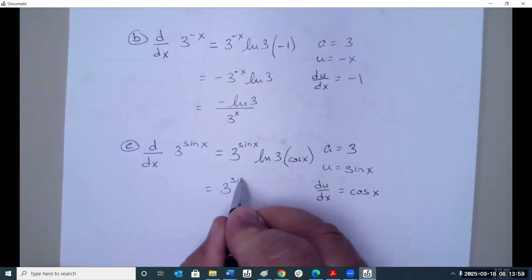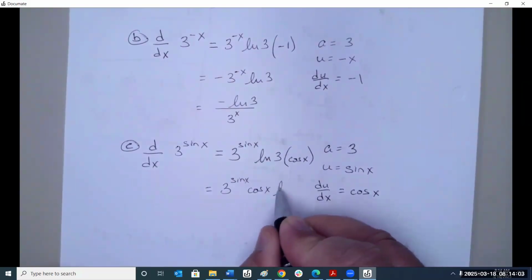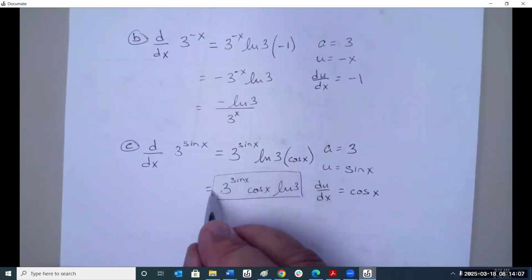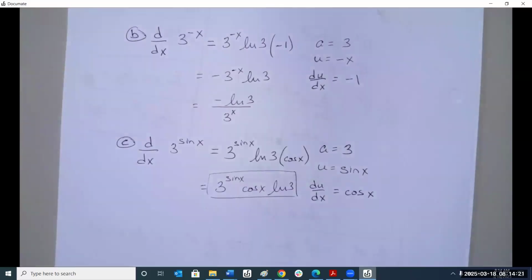Three to the sine x, cosine x, ln 3. It's really just a matter of plug and play.